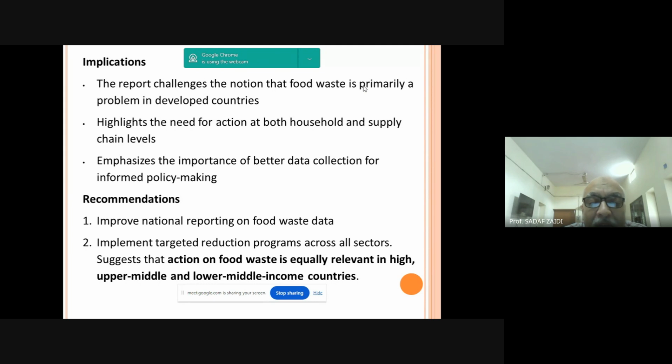Then implement targeted reduction programs across all sectors. It suggests that action on food waste is equally relevant in high, upper middle and lower middle income countries. So it says that we have to have reduction programs across all sectors, and there should be programs for all the countries irrespective of their incomes.